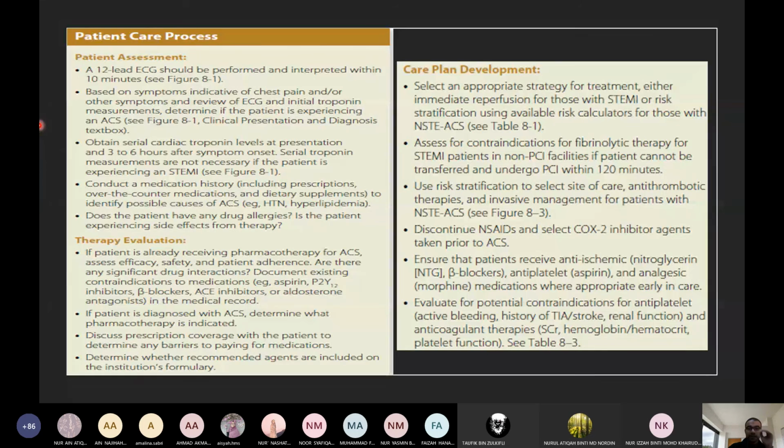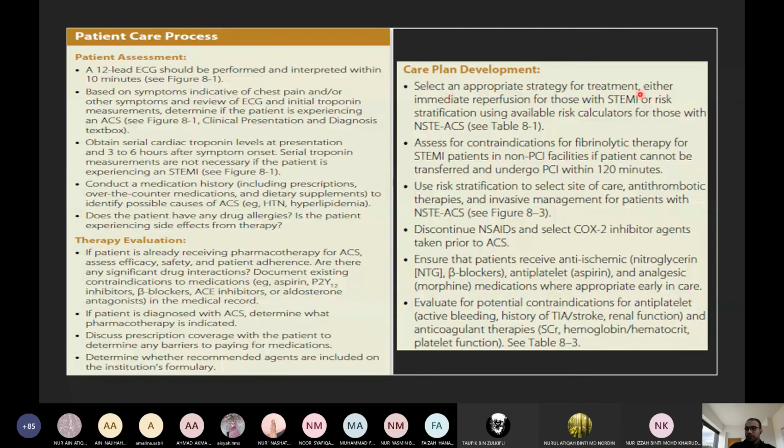Usually, I place the patient care process at the end, so that it makes sense as a summary. You can see here whatever we have mentioned regarding the ECG, the cardiac parameters, all the agents, the therapy evaluation, the pharmacotherapy for the ACS, and all the relevant or significant agents that usually will be in the ACS pharmacotherapy plan.